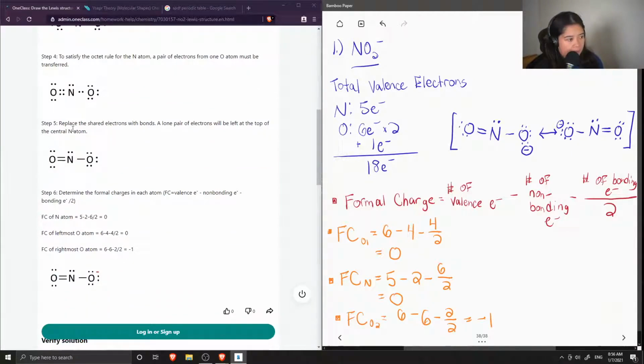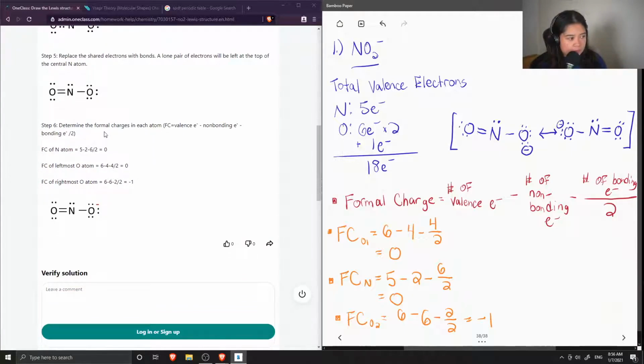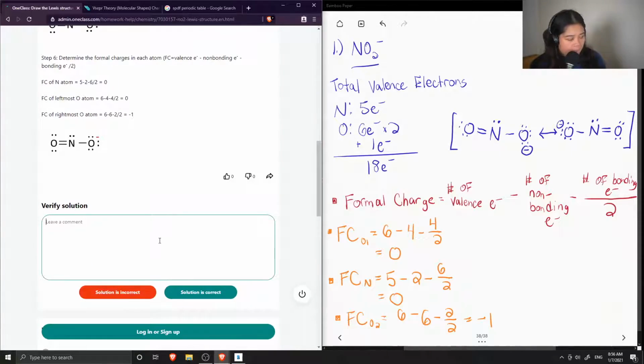Step 5, replace the shared electrons with bonds. A lone pair of electrons will be left at the top of the central nitrogen atom. And step 6 is to determine the formal charges of each atom, and they got 0, 0, and -1. So this solution is correct.